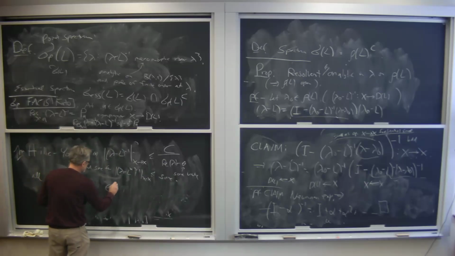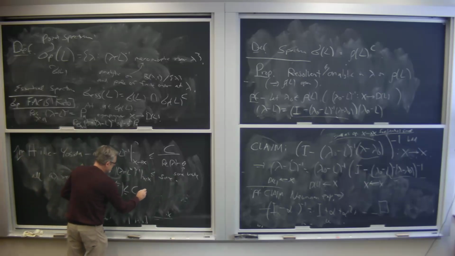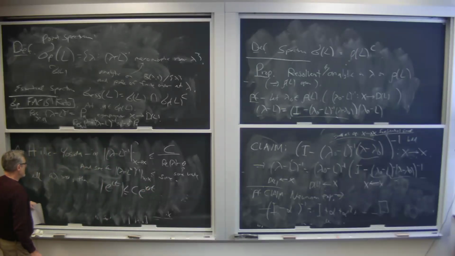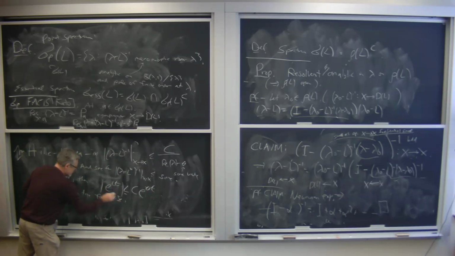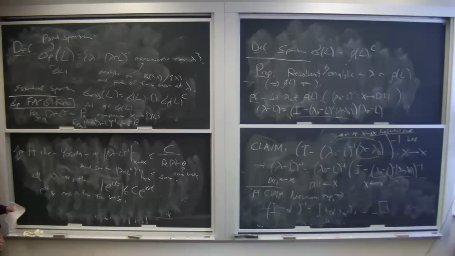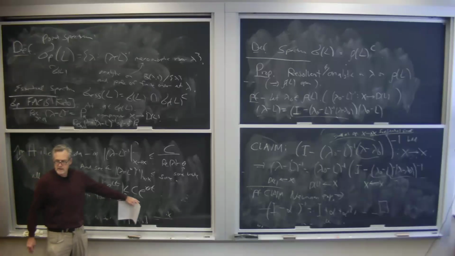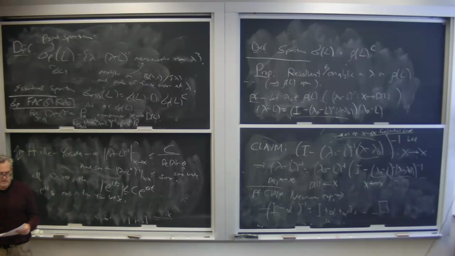We get an e to the LT with bounds less than or equal to C e to the theta t, and continuity: e to the LT v is continuous in time, for a specific v in X. So it actually gives you a nice linear existence theory with an exponential bound like the one we started with before.